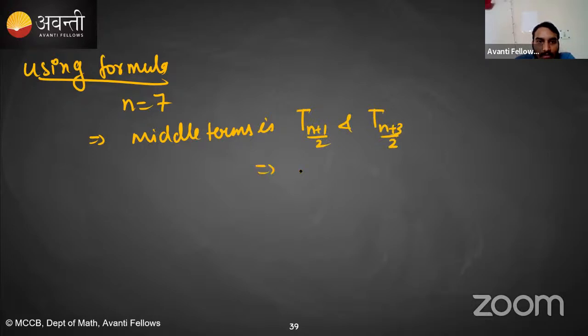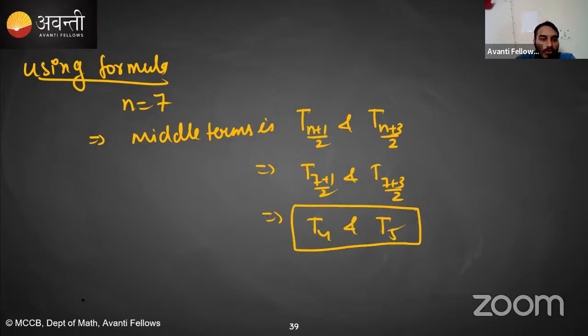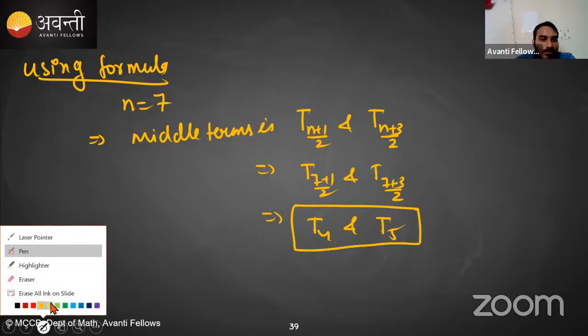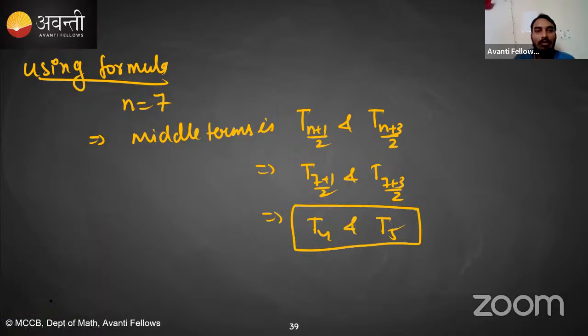So it implies T (7 plus 1) by 2 and T (7 plus 3) by 2. So it implies T4 and T5. So these are the middle terms. So using formula also you can get it. But without using formula, we are doing just fine, right? So there is no need to use the formula in finding the middle term. So directly find the number of terms and just do these things.